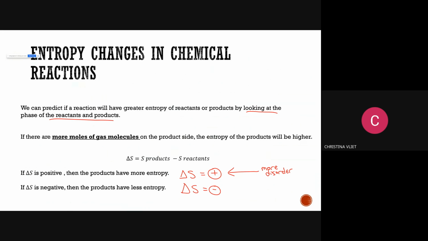Thankfully, we don't have that issue from last class with subtracting negatives, minus, minus, minus going on. Here, all your values given to you will be positive. So if my products have less entropy than my reactants, you would have a negative delta S.